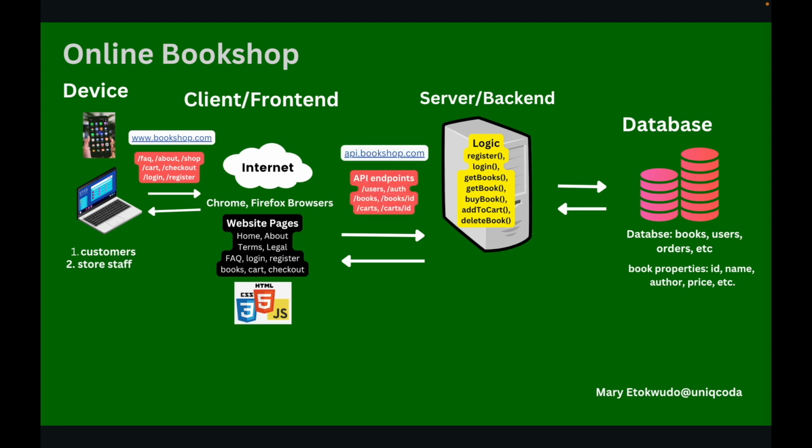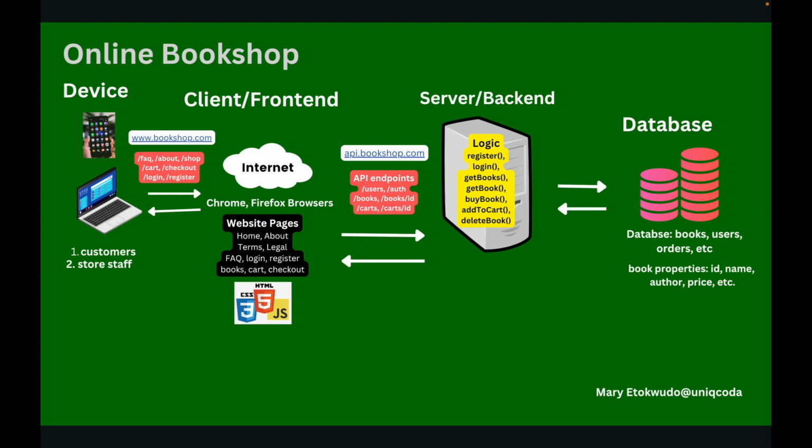Now, the backend has its own URL, which sometimes can look like the URL of the front end, but there will always be something that makes it different, like having API as part of the URL. This URL has its own endpoints. Just like on the front end, you have different paths that leads to different pages of the website.